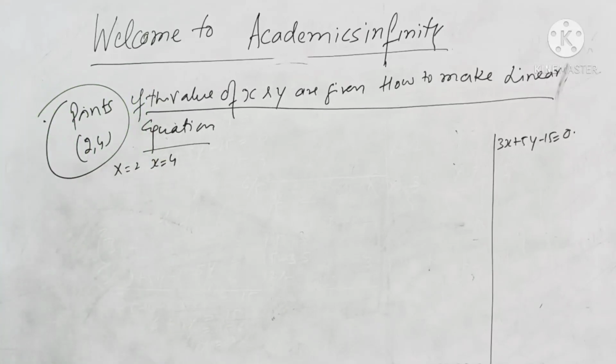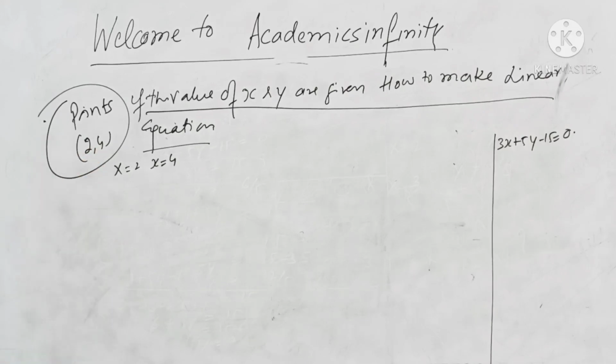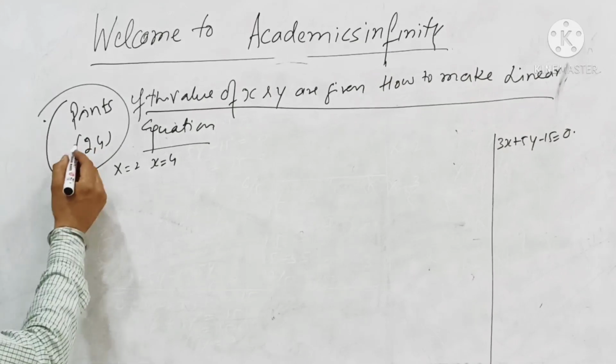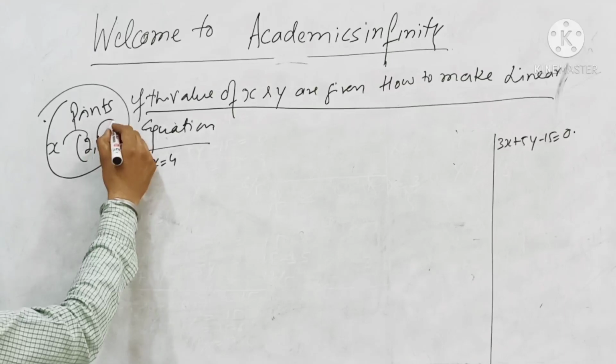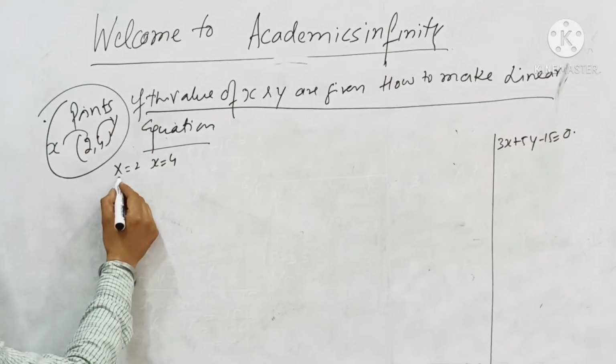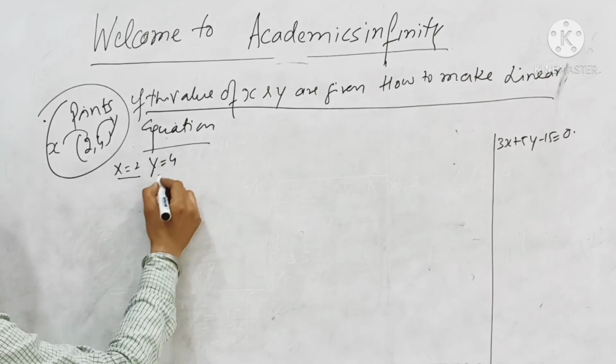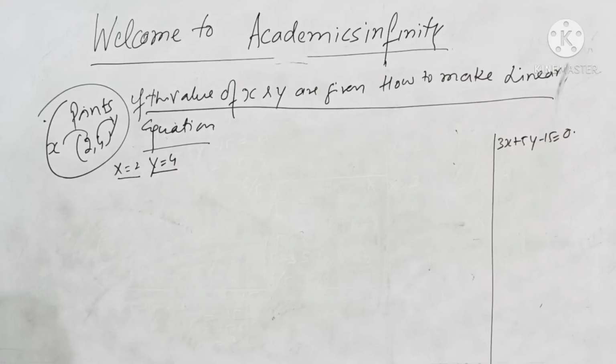Here is the point. Let's take an example. Here the point given is 2 and 4. 2 and 4 means 2 belongs to x and 4 belongs to y. It means x is equal to 2 and y is equal to 4 is given in the question.